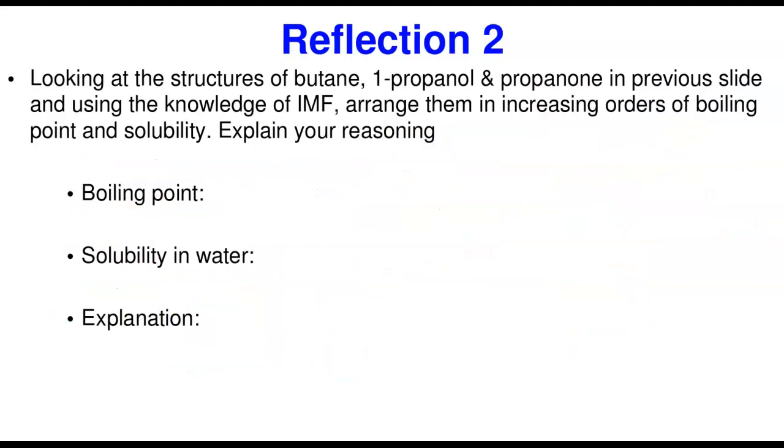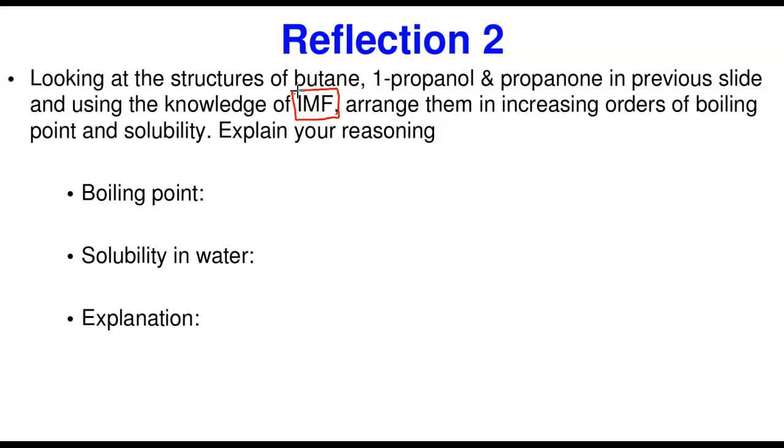In the next question it says, now this is a continuation of the first reflection question. It says, looking at the structures of butane, 1-propanol and propanone, the ones we've just drawn in the previous slide, and using our knowledge of the intermolecular forces, arrange them in order of boiling point and solubility.